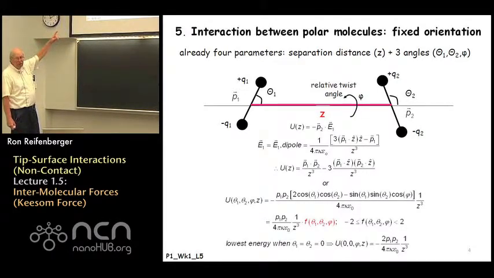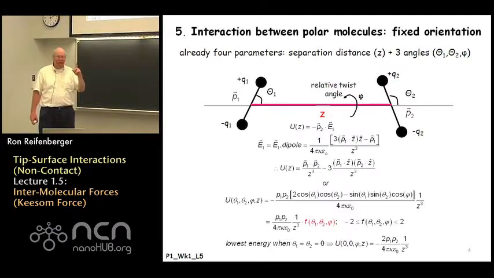The interaction potential energy is derived by referring to the interaction potential energy between a dipole and an electric field. Back in lecture 2, we derived that as just P dot E with a negative sign in front of it. The trick here is now that the electric field E that appears in that interaction potential energy is the electric field due to a dipole.